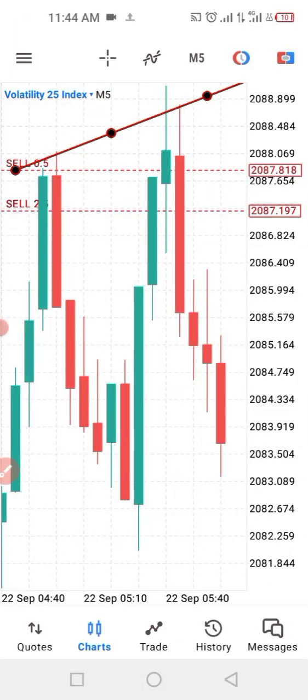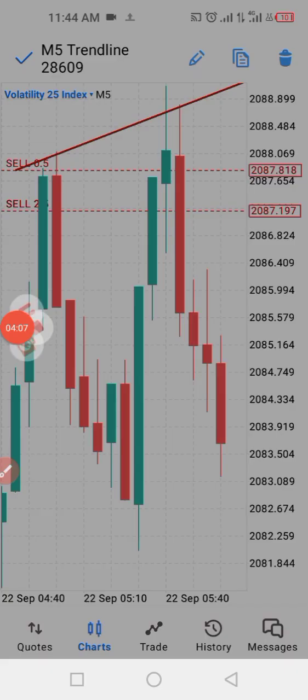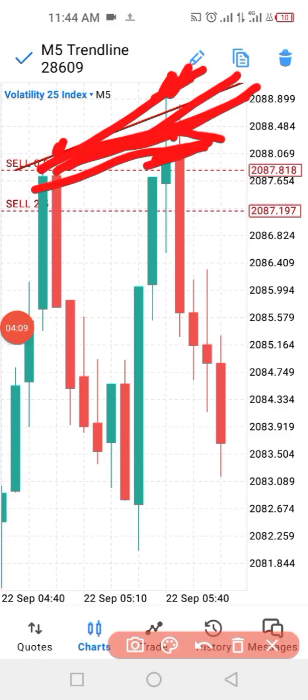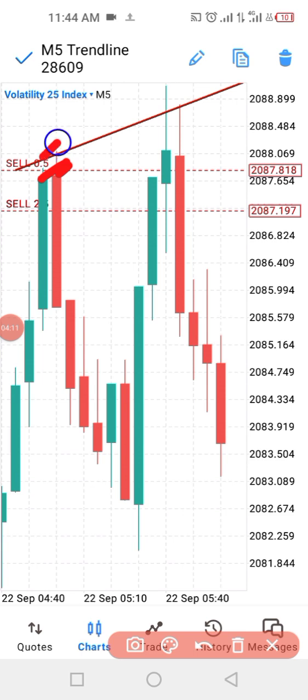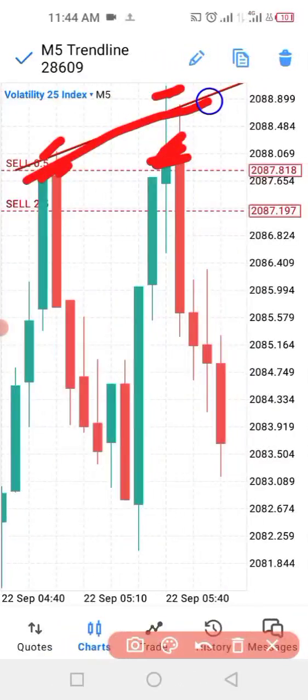So if you watch it closely, it's not actually on the peak of the price, that's the peak of the shadow of the price, neither is it on the body of the candle. So I do keep it in between, because I know some of you will be confused why I do that. The reason is because this trend line you see represents my resistance zone.